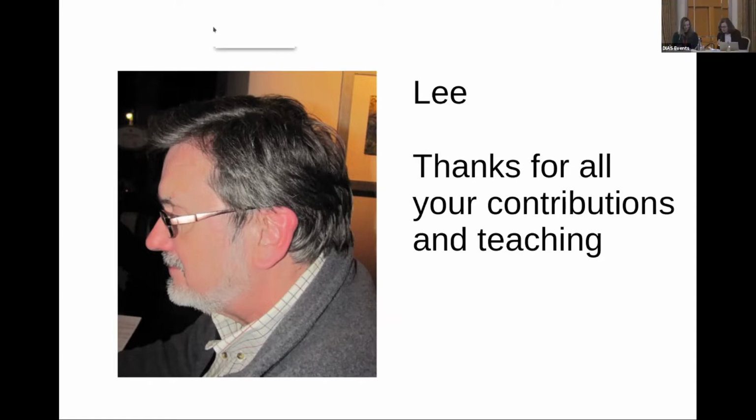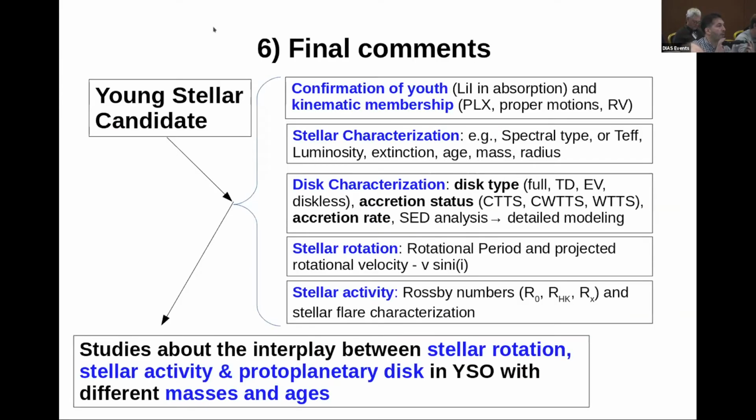Thanks a lot, Jesus. Do we have questions in the audience? Yes, Patrick and Belle. Thanks for the nice talk. I wonder whether in your different populations you see a different fraction of WTTS over CTTS numbers. So do you see variation of those classes from one population to another?